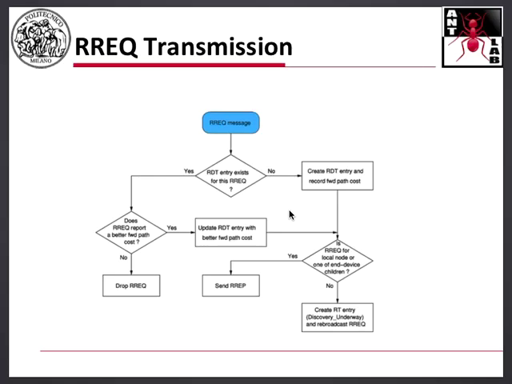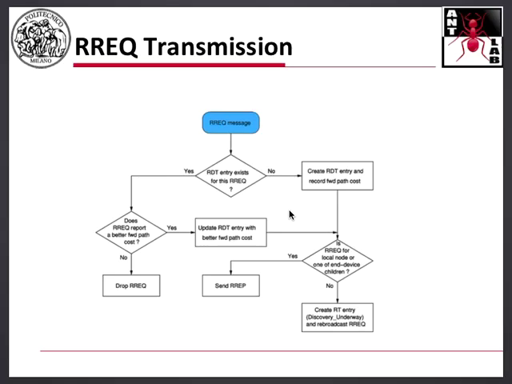So the test we have to do is to check whether the new route request comes from a path which is better than the one we have stored, okay? If the answer is yes, we have to update the line of the route discovery table, okay? And then we go back to this branch here.